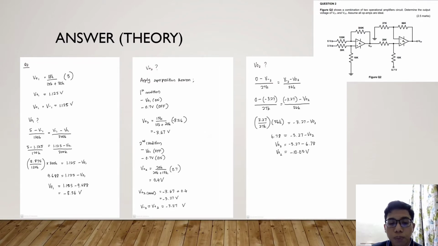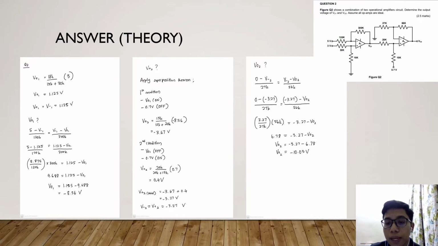Therefore, both values for V plus 2 are added up. After adding, the value of V plus 2 is negative 3.27 volt. After we get the value of V plus, we can find V output 2.